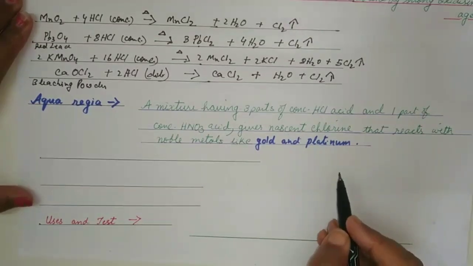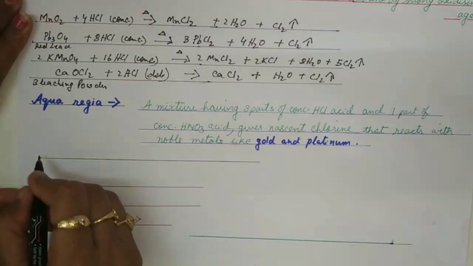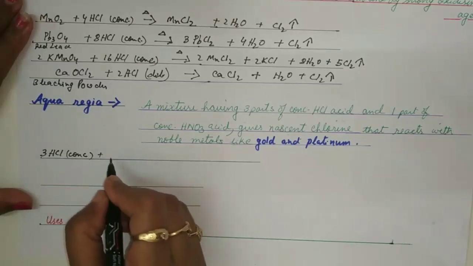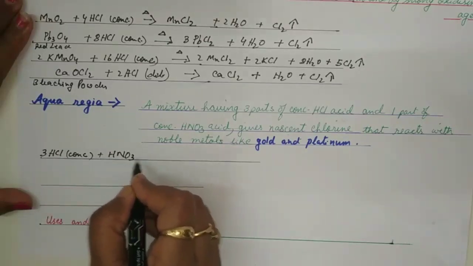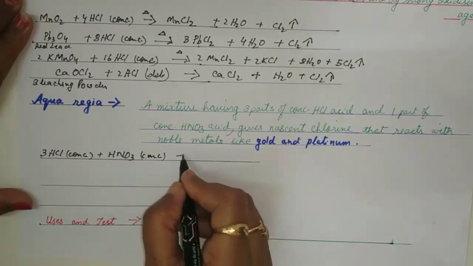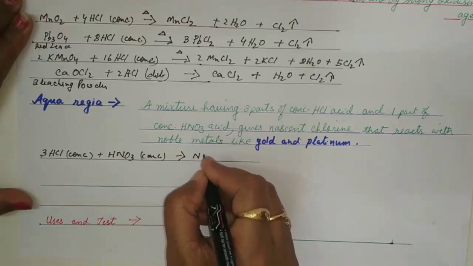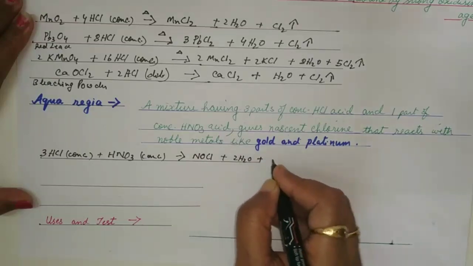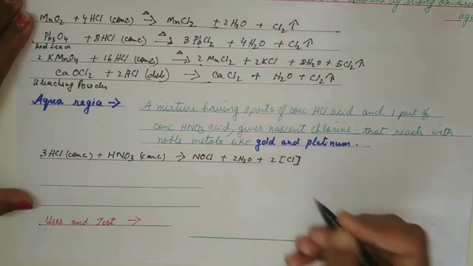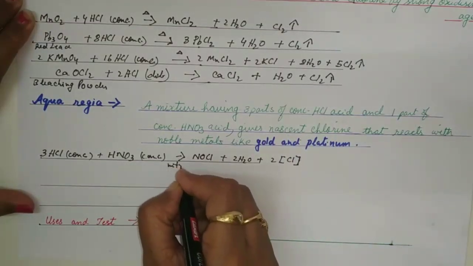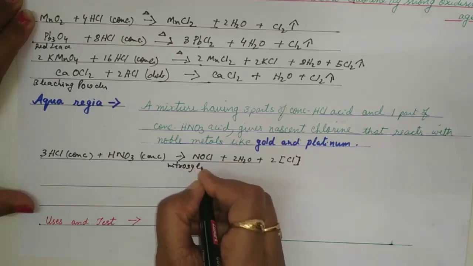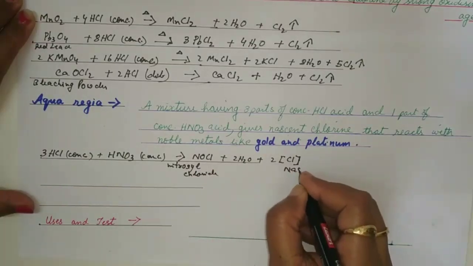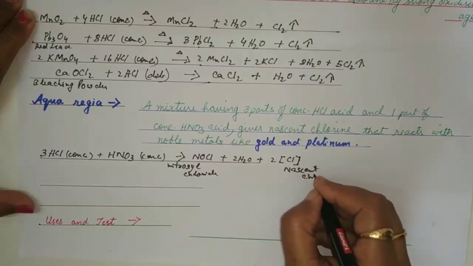So the reaction is, as the definition says, 3 HCl conc plus 1 HNO3 conc is giving you NOCl, that is nitrosyl chloride, plus water plus nascent chlorine.